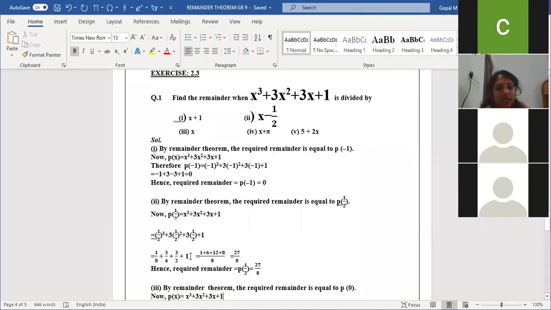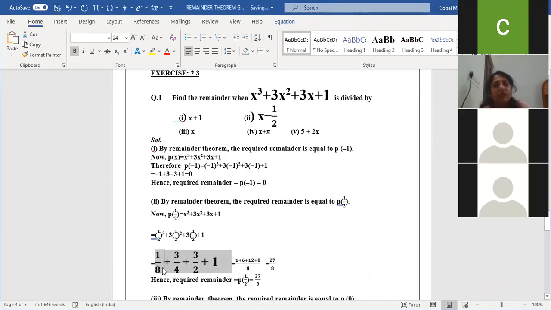So here I have taken the LCM for all the 4 terms. You can see, what is the LCM of 8, 4 and 2? 8. The LCM is 8.